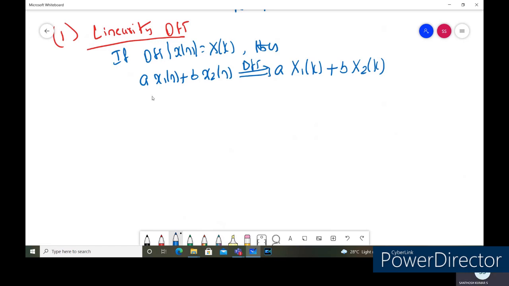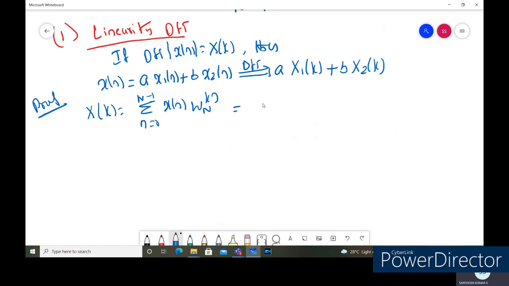Now let us consider the LHS part and evaluate it. Let us call this x of n, and we'll write the formula for x of k for the proof. The x of k is the summation n equal to 0 to n minus 1 of x of n into omega to the power of k n.